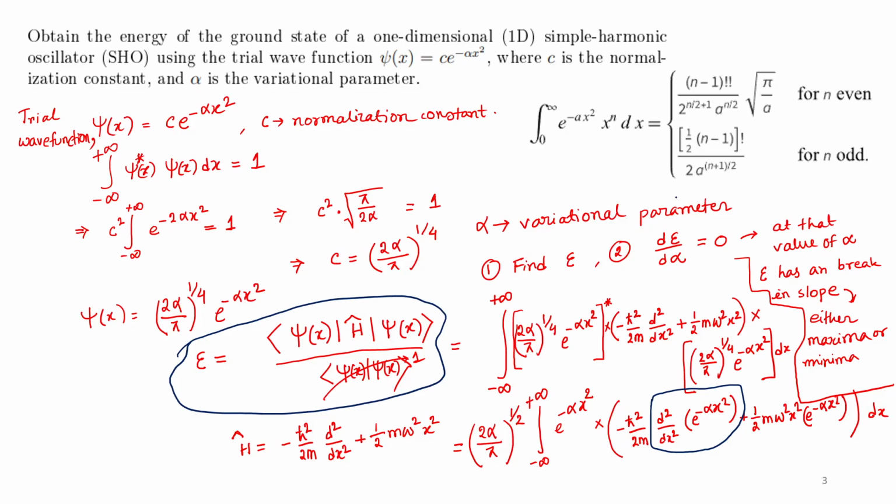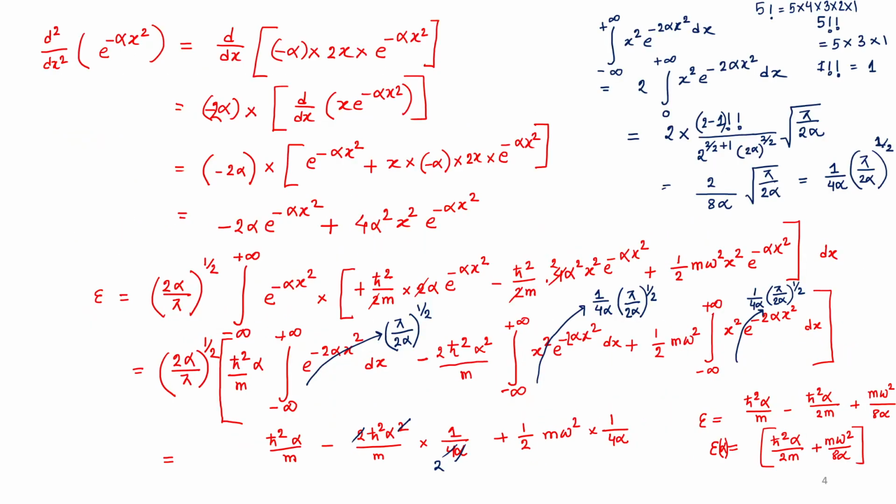At that point it has some minimum or maximum value. You can put in values and check whether it is a maximum or minimum, because the slope is zero there. By doing that, you can find the energy as well as the wave functions.